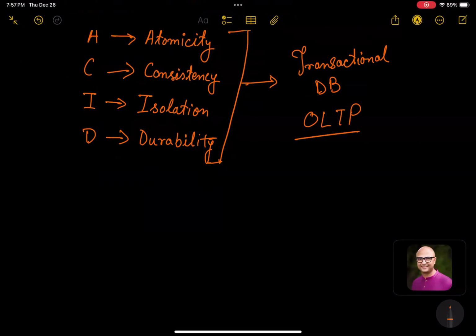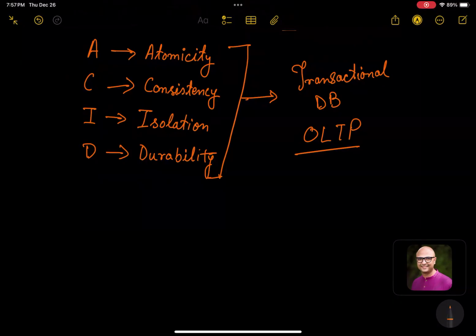So there are certain properties we need to keep in mind in order to design the transactional database, because this is what governs how data is maintained within the database. ACID properties ensure that the transactions within the database are maintained, and that the data does not lose its integrity in case of any mishap.